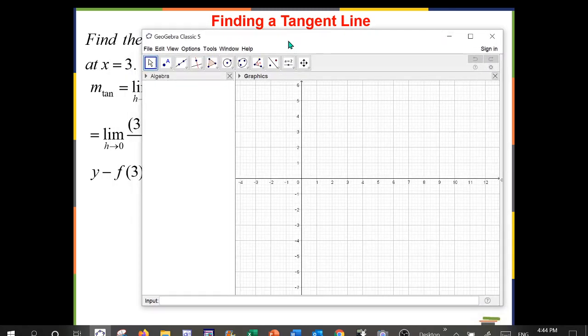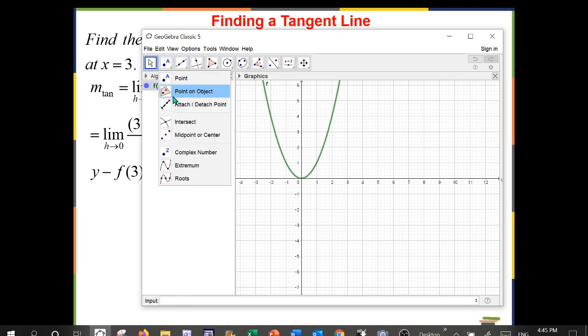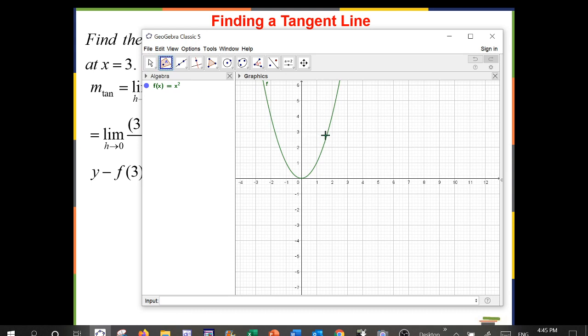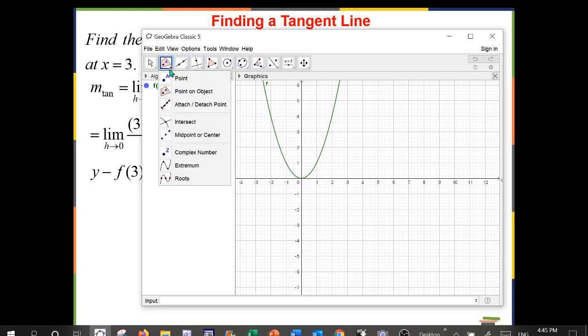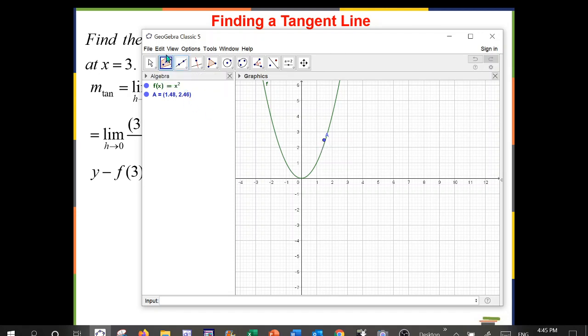With this, we can just put f of x equals x squared right there, and then we can put a point on this graph. Oops, this is the wrong place. I want to put a point on object. So this is my object. So I put a point on it. And I don't know why I can't.